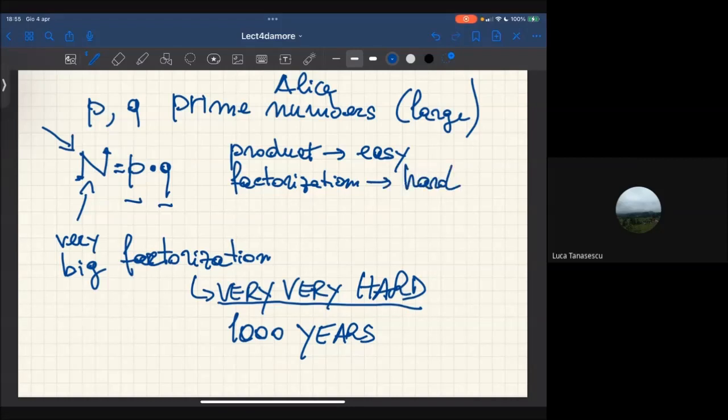Like to say, if we compute the product, we cannot go back. Is it clear? It is important. It's clear. Very good.